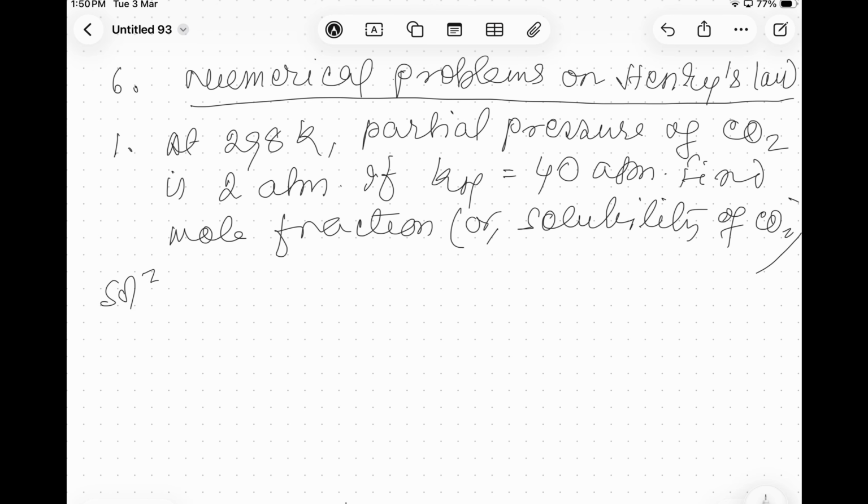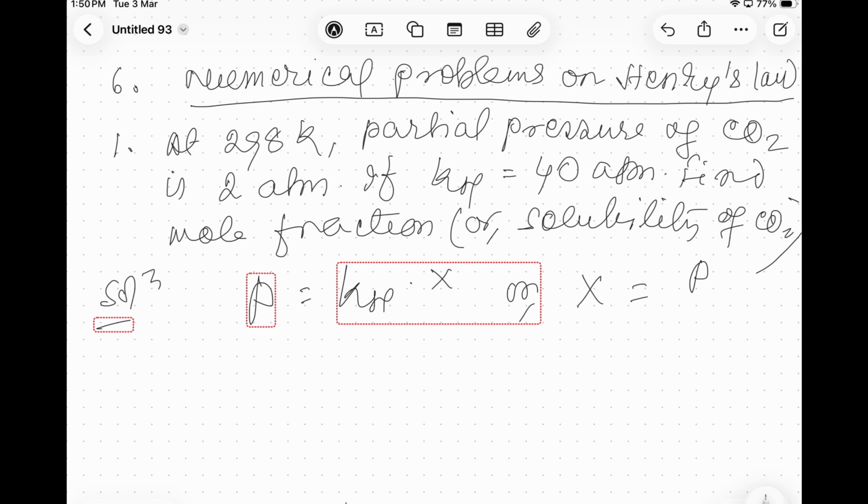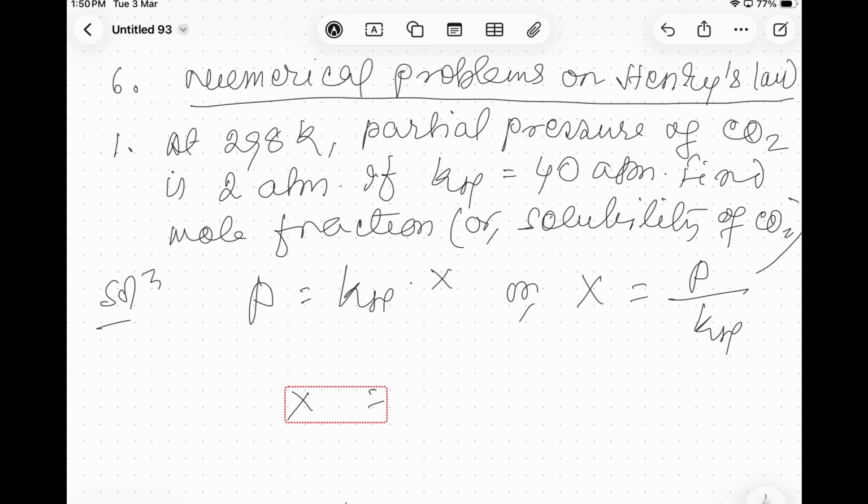Answer is simple. Write equation P = KH x X, or X is equal to partial pressure by KH. Add the value. Partial pressure is 2 and KH is 40. Answer is 0.05. That's all. This is the answer.